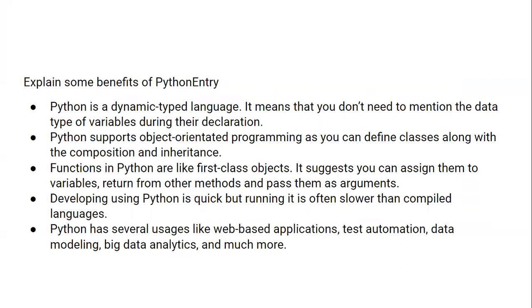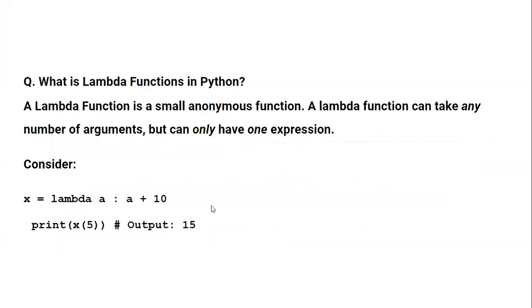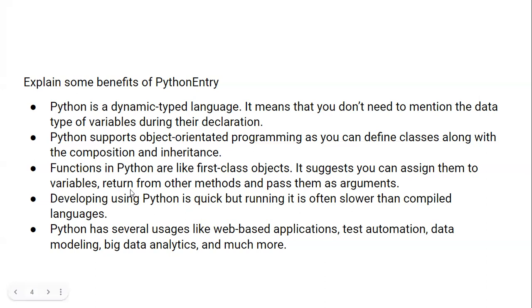Python supports object-oriented programming, as you can define classes along with composition and inheritance. Functions in Python are first-class objects, which means you can assign them to variables, return them from other methods, and pass them as arguments. Development using Python is quick, but running is often slower than compiled languages.